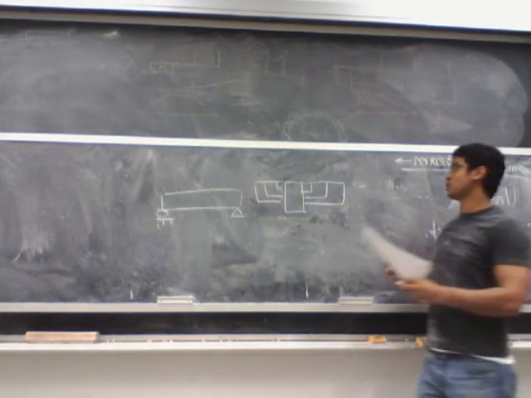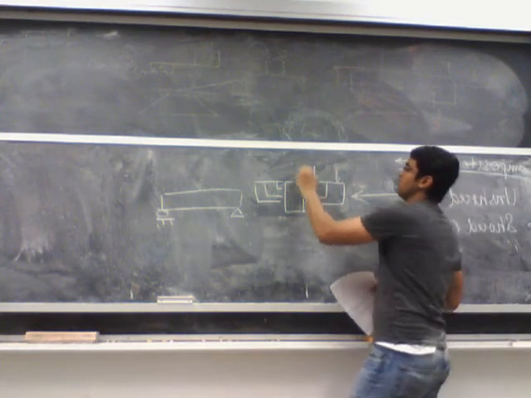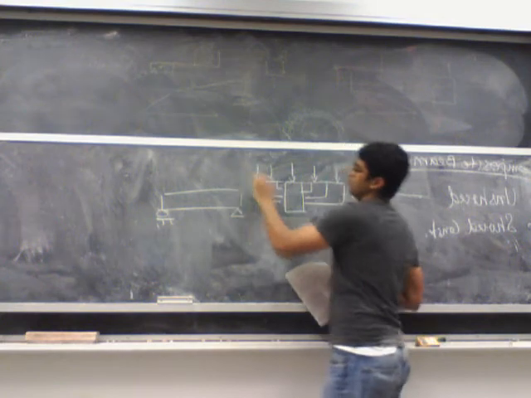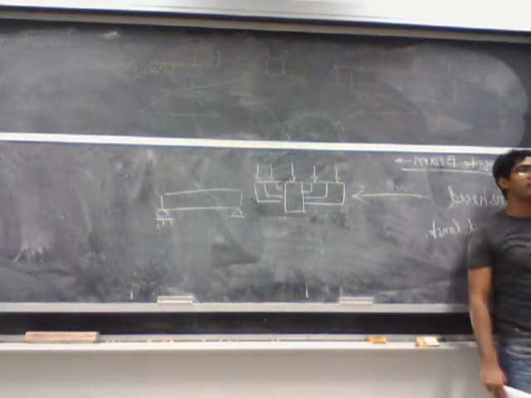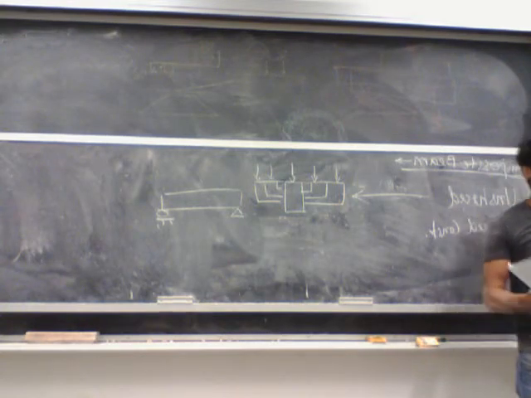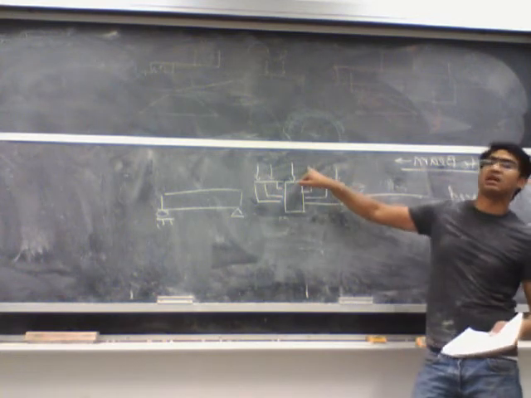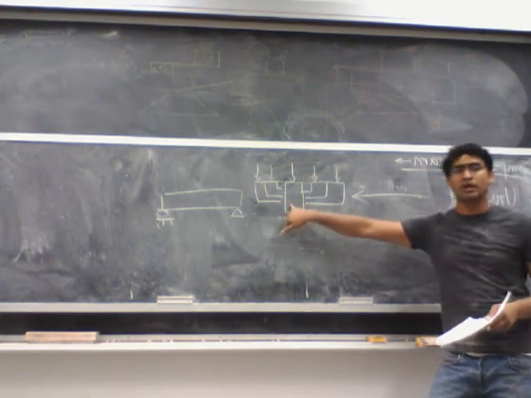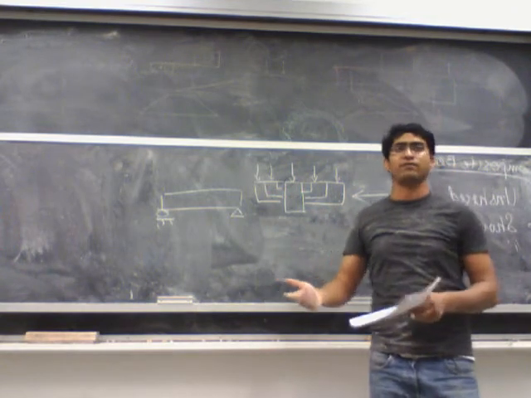If I pour my concrete to cast my slab, even though that concrete is still a liquid or semi-liquid, it still has some weight which has to be carried by something. In an unshored construction, that extra load is transferred to the girder, so it will increase the moment on the girder itself.